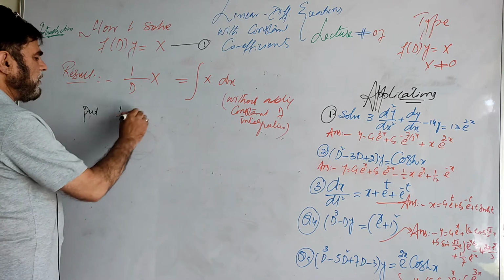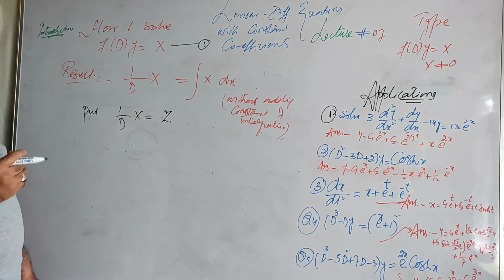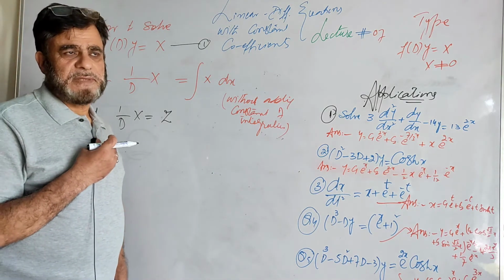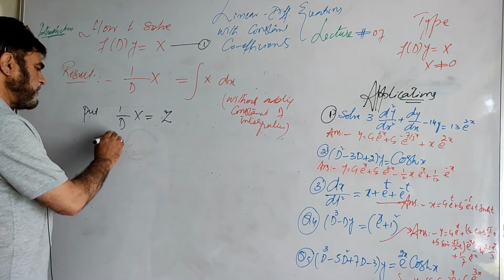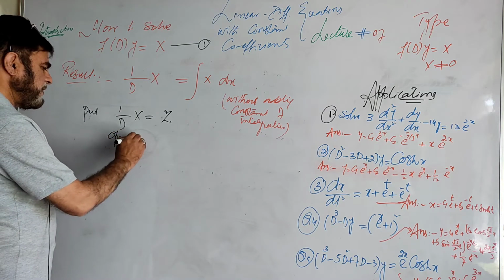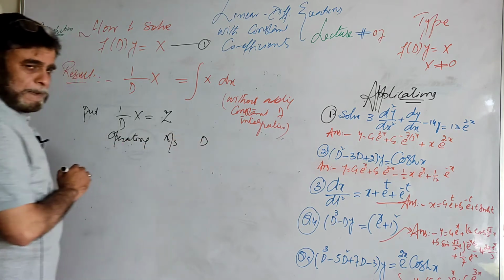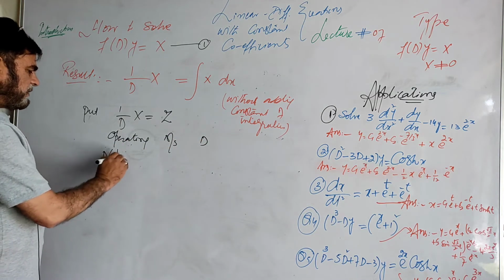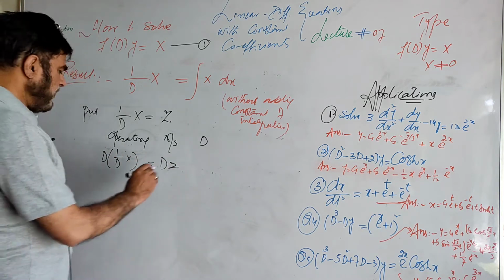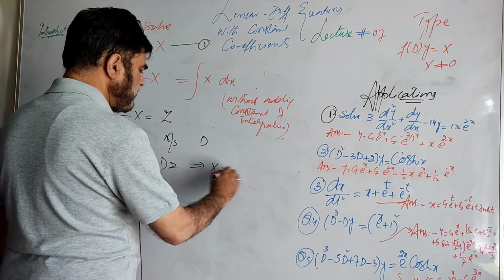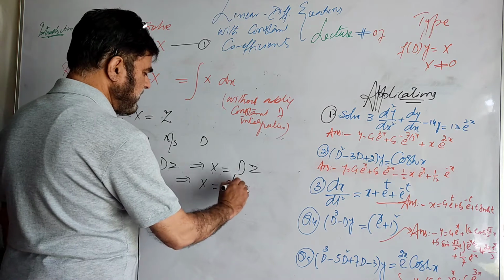If I put 1 by D of X equal to say z, now 1 by D is the inverse operator of D, so operating on both sides by D, D of 1 by D of X is equal to D of z, which implies that X is D of z, which further implies X is dz by dx.